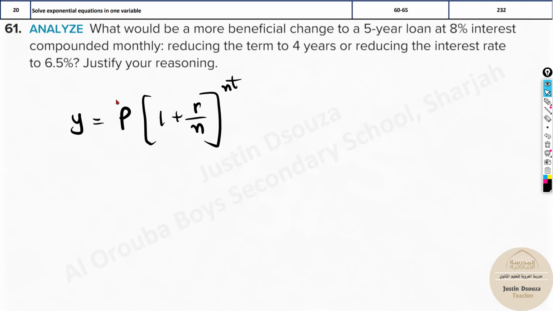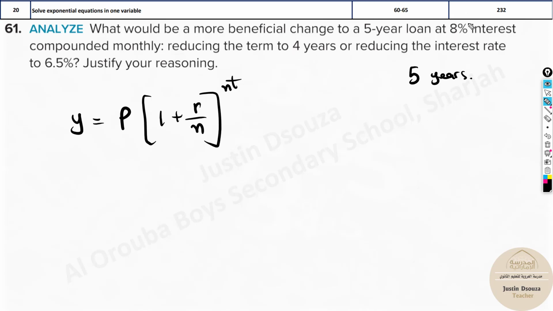This is used in banking generally, where, for example, a company has taken a loan from the bank and they'll calculate interest and how much payments should be done, all in this formula. Now we can see many things are given. This is important to understand. It's a 5-year loan. That means you will have 5 years to pay back the loan. But let's read over here: 8% interest compounded monthly, reducing the term to 4 years.